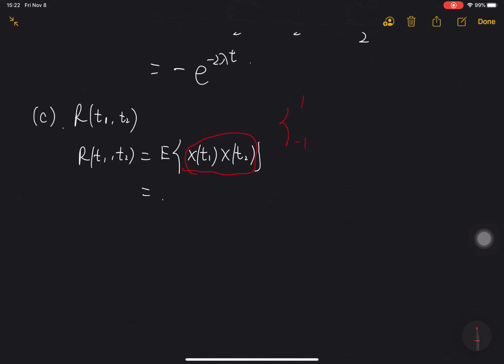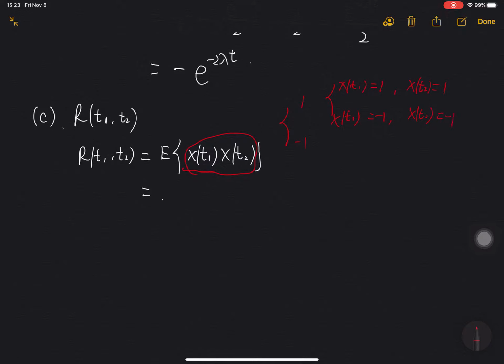If we want it to be 1, there are two situations: X(t1) is 1 and X(t2) is 1, or X(t1) is minus 1 and X(t2) is minus 1.